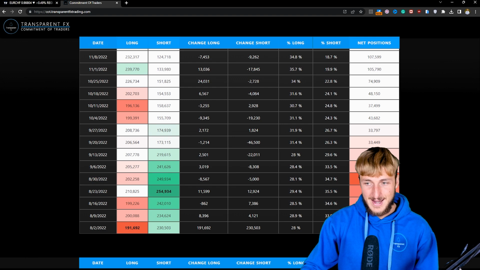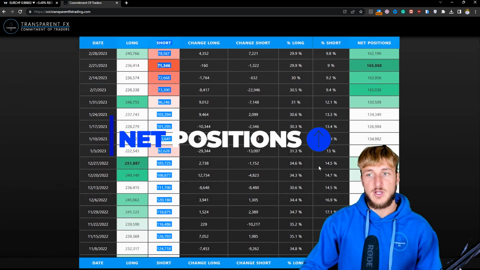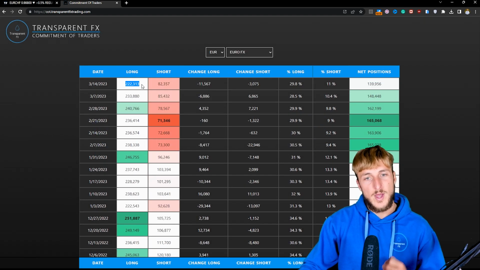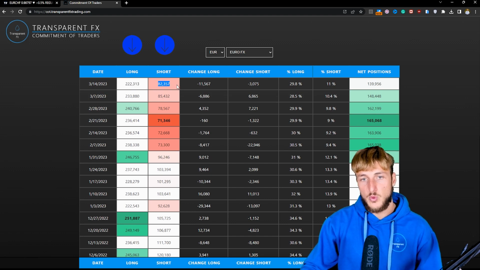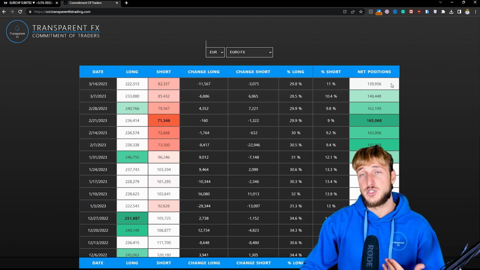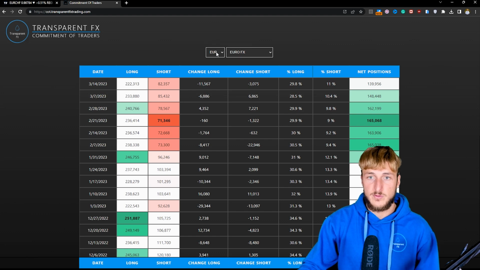We went from having a negative net positioning of minus 47k net positions with way more shorts than longs to now having the complete opposite. 139k net positions with way more longs than shorts, 222k longs compared to only 82k shorts from an institutional perspective on the euro. So even though in the short term we have seen some decreases of net positioning and weakening, in the long term everything is extremely bullish for the euro.